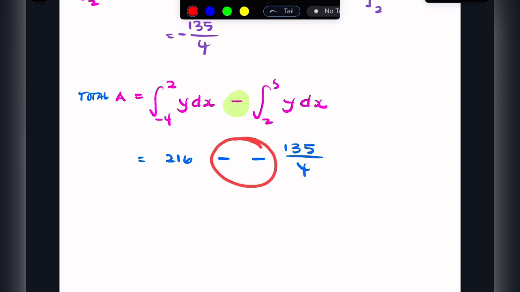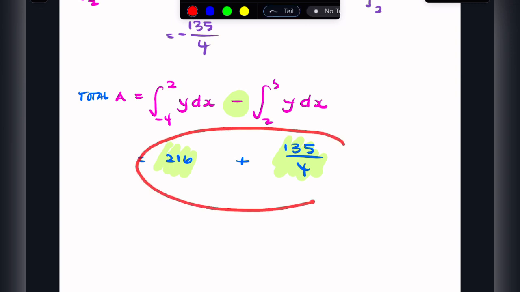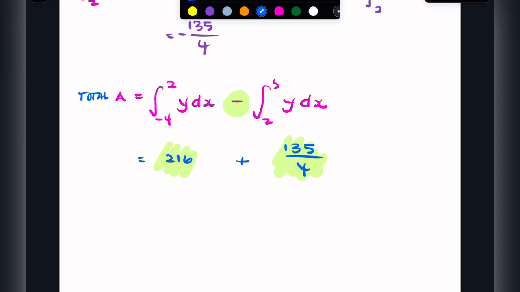So it's this that I can now consider a plus. That's what you need to watch out for. We should never have a negative area. We need to be adding positive areas.